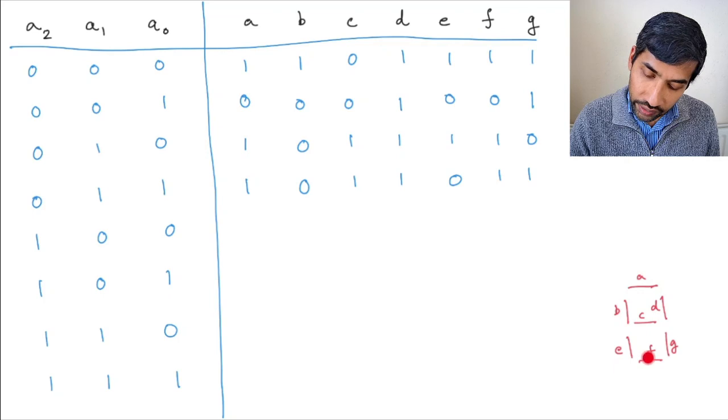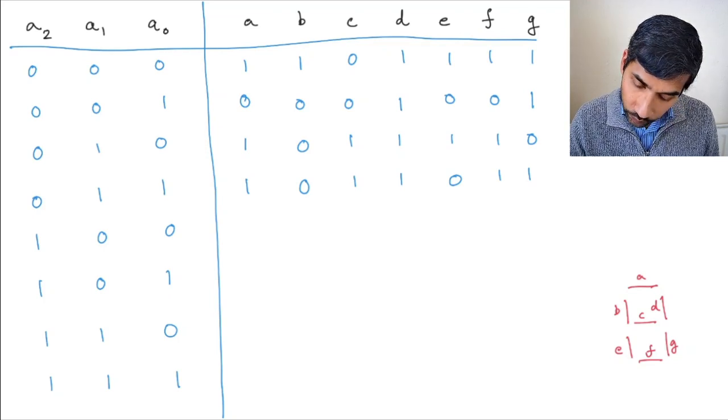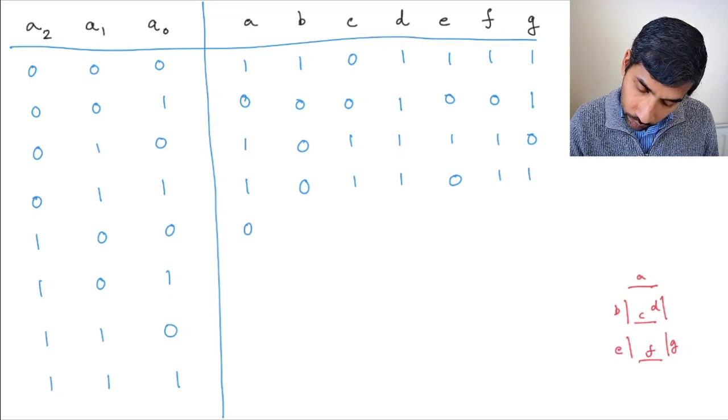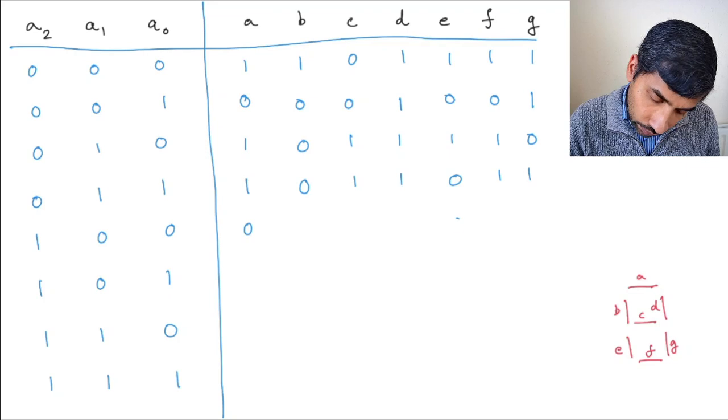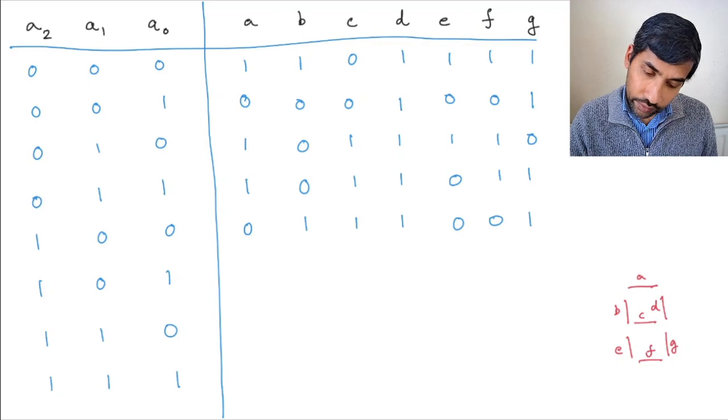You want E, F and A to be off, so B, C, D and G are on. So for 4, we want A to be 0, we want E and F to be 0, and all others are 1.